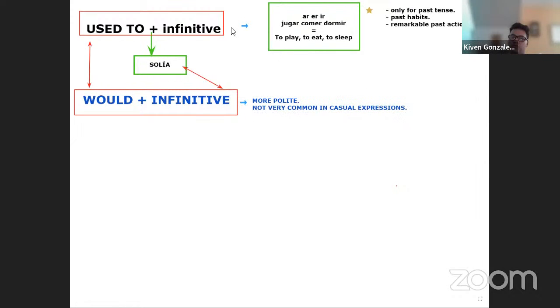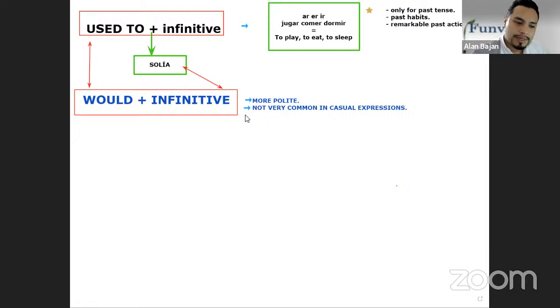Teacher, can you explain again would plus infinitive, the meaning? Solía. It's the same? Yes, sir. Okay, thank you. You're welcome. So the meaning is the same, but we don't use it in the same times as used to. This is very polite.